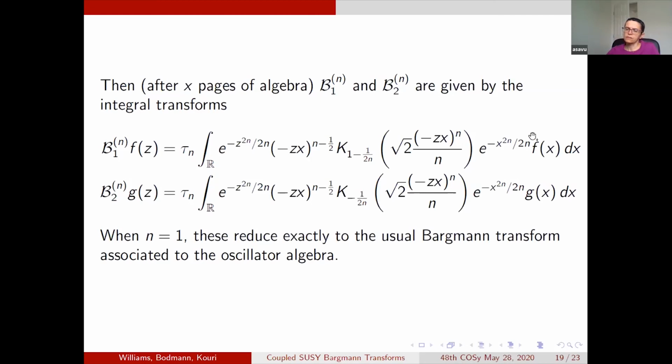And the same thing with the exponential with x. But now that square root 2 e to the square root 2 zx has been replaced by something that looks like the integral or the measure, except instead of it being z bar z, it's negative zx. And when n equals 1, these exactly drop down to the Bargmann transform.